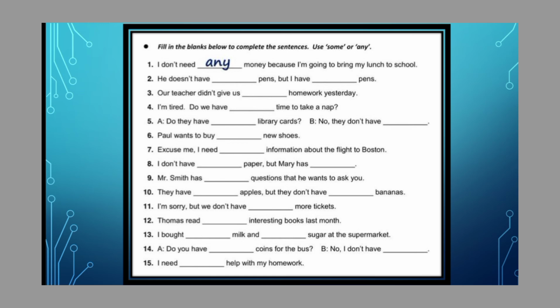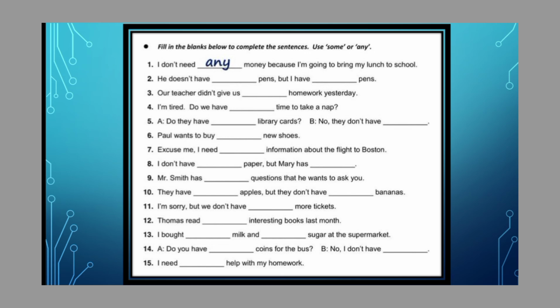Next one. Our teacher didn't give us dash homework yesterday. Didn't means did plus not. A sentence with not is a negative sentence, so obviously any. Our teacher didn't give us any homework yesterday.